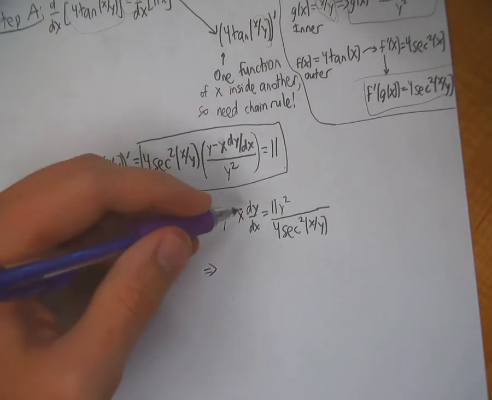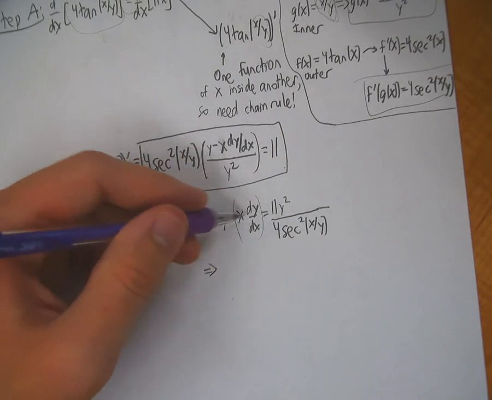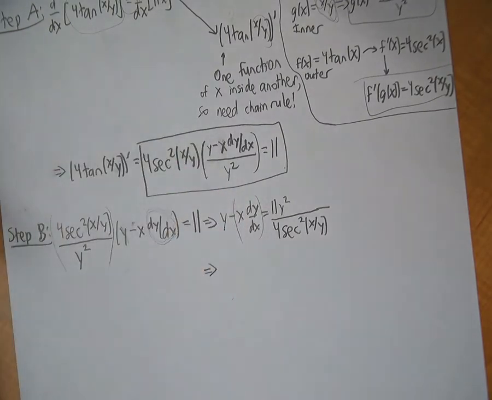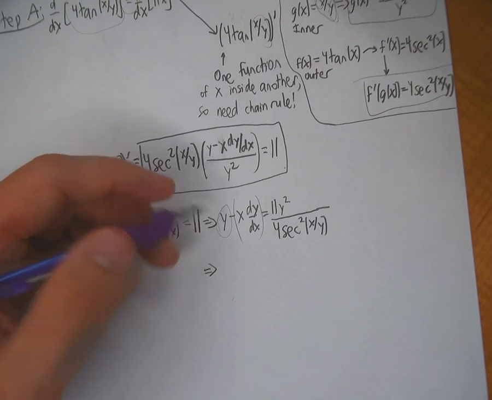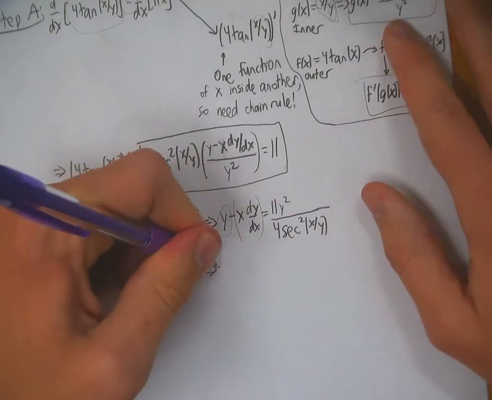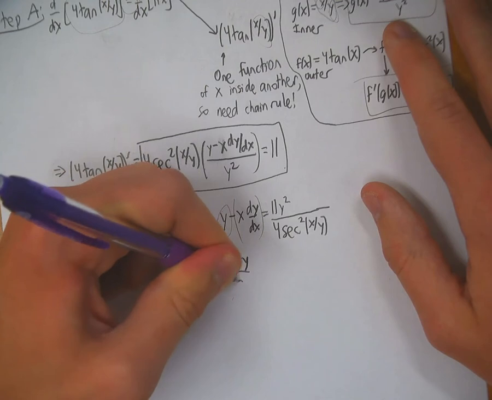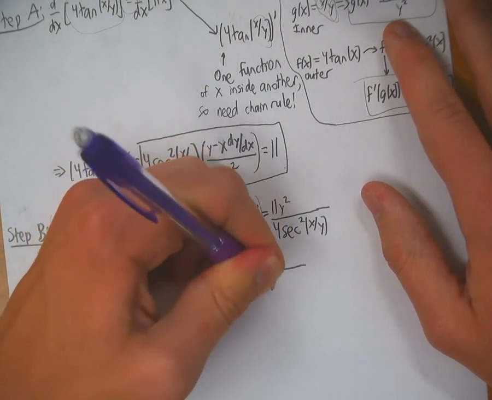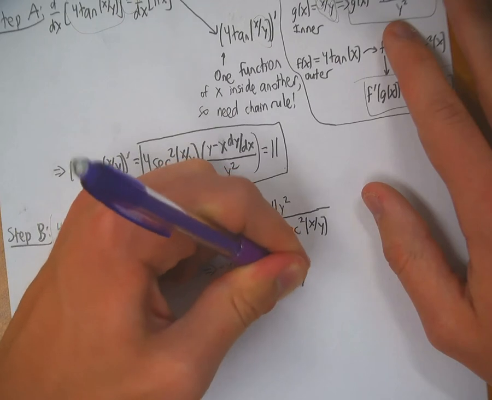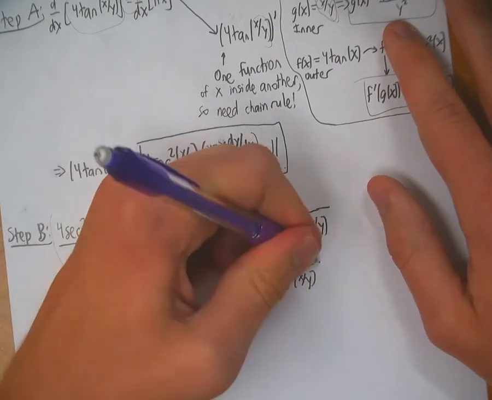Well, not quite, because remember, you have x times dy dx as one term here. So you would add y and then divide by negative x? Add y? This is positive already. Oh, subtract y. There we go, subtract y. So we have negative x times dy dx equals 11y squared over 4 times secant squared of x divided by y, and then minus y.